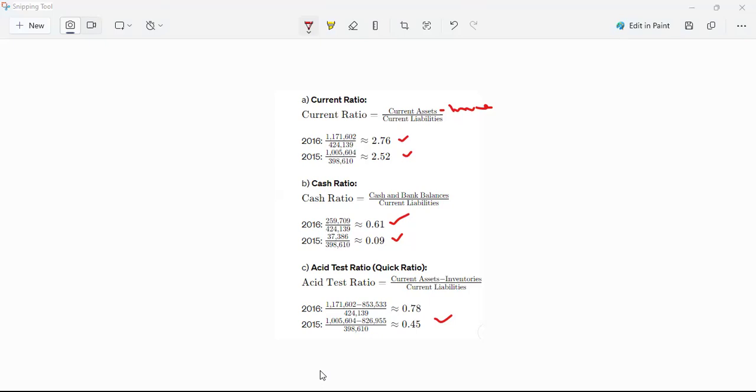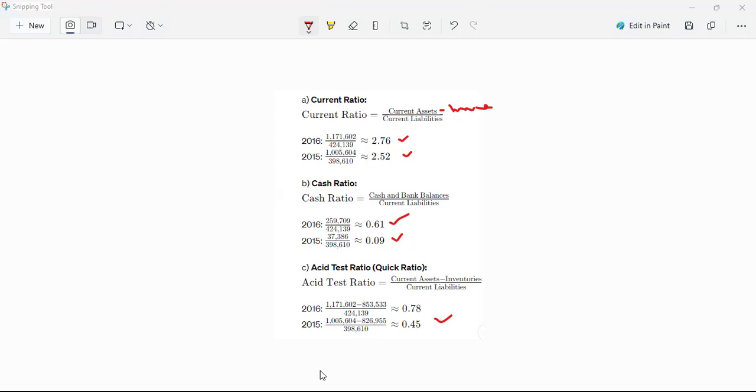Here, the current ratio increased from 2015 to 2016, from 2.52 to 2.76. This suggests an improvement in the company's liquidity position, as we have more current assets to cover the current liabilities. Of course, we know the current ratio must be above 1. So both of them generally show favorable liquidity.